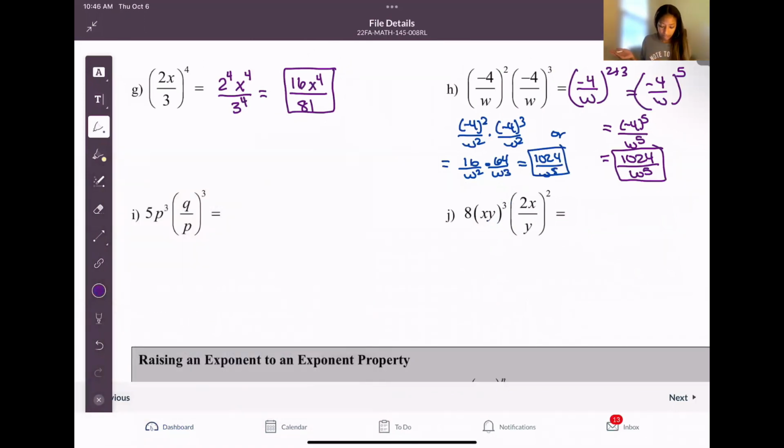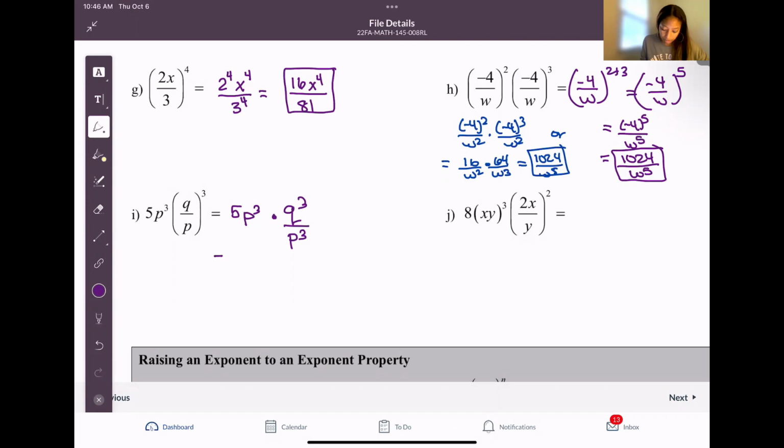All right, knocking out the last couple problems here. 5p to the 3rd times q over p cubed. So we're gonna keep that 5p to the 3rd, and then we have times q cubed over p cubed. Now that p cubed on the outside and a p cubed in the denominator are gonna cancel out actually.